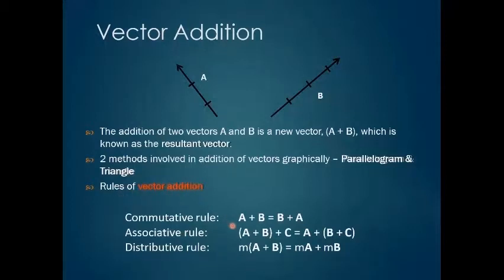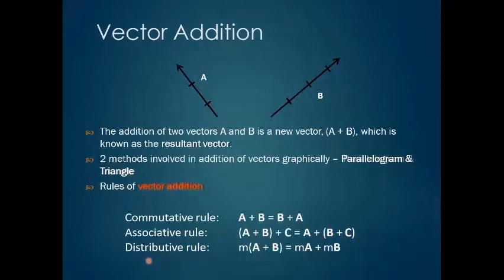Firstly is commutative rule. So, commutative rule ni, it says that vector A plus B is equal to vector B plus A. And associative rule, bila dalam kurungan A plus B and then baru tambah C, it is also equal to bila A tambah B tambah C yang ada dalam kurungan.